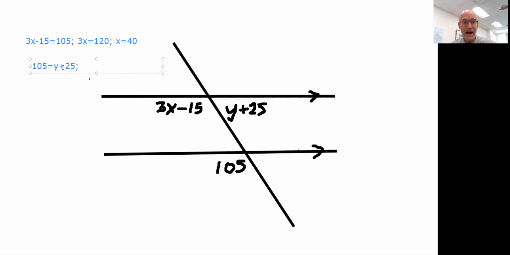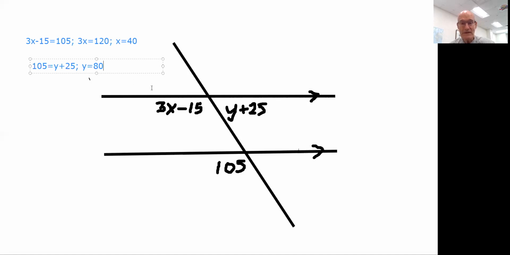And then if I subtract 25 from both sides, I have y equals 80. So I have determined that y is 80 and that x is 40.